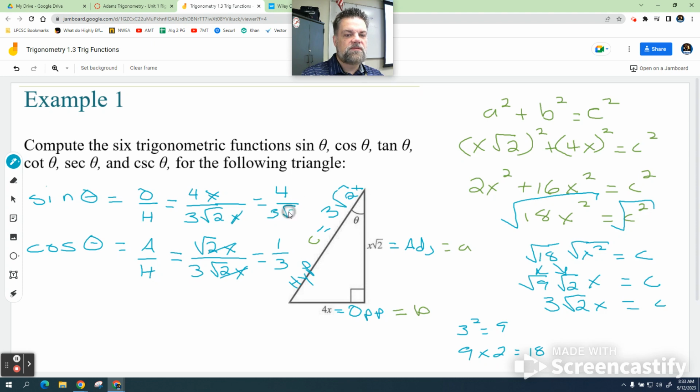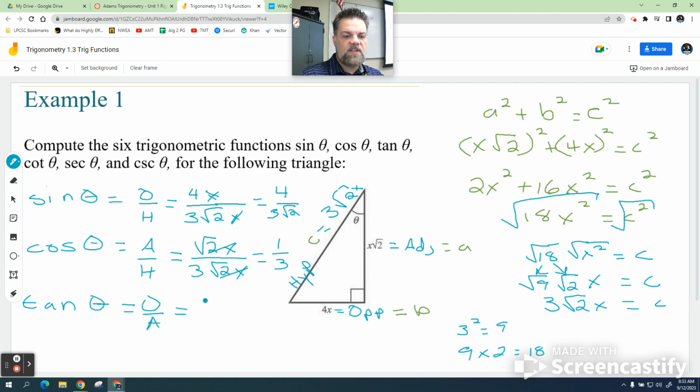And then tangent of theta is equal to the opposite over the adjacent.